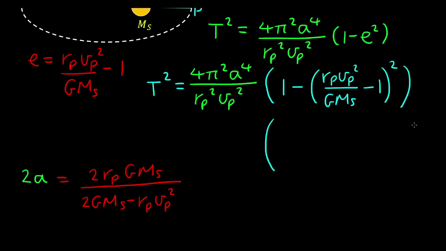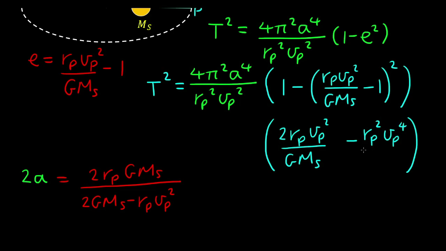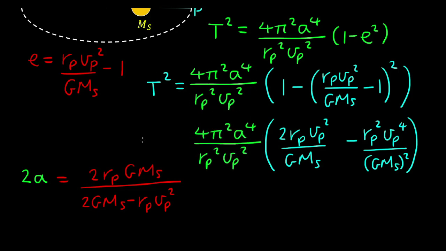And now expanding the bracket, we have 1 minus 1, which is 0, minus minus 2 by rp by vp squared on G by Ms, and minus rp squared by vp to the 4 on GMs squared. And that's multiplied by this constant over here. And that's equal to T squared.